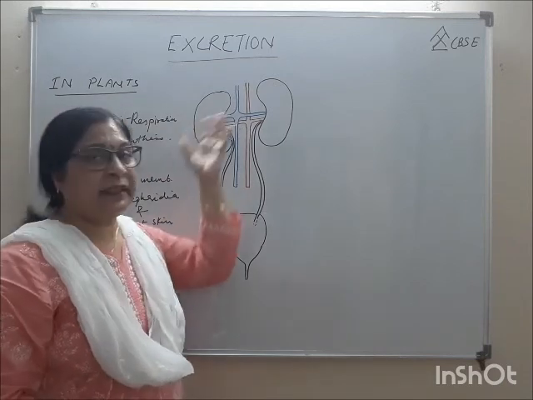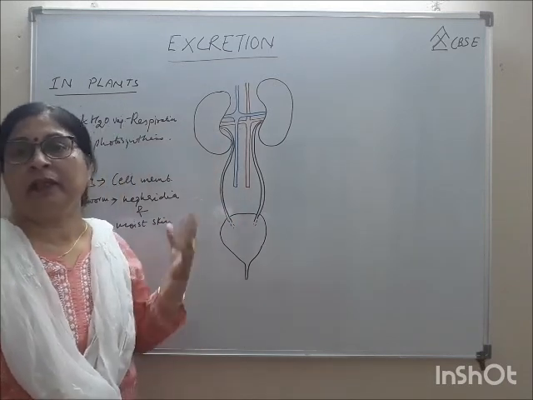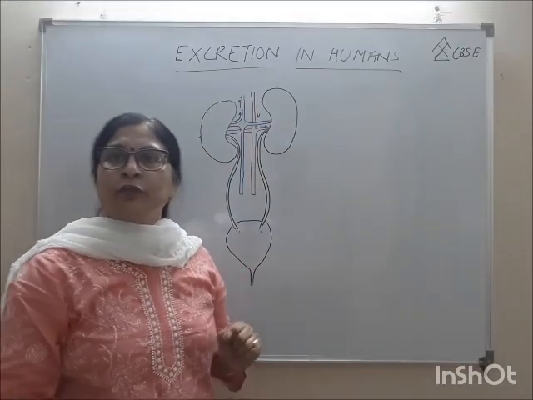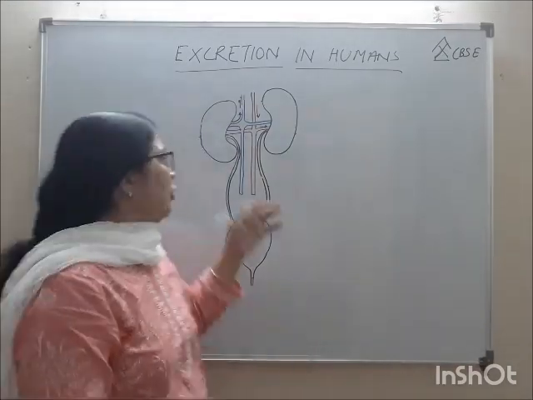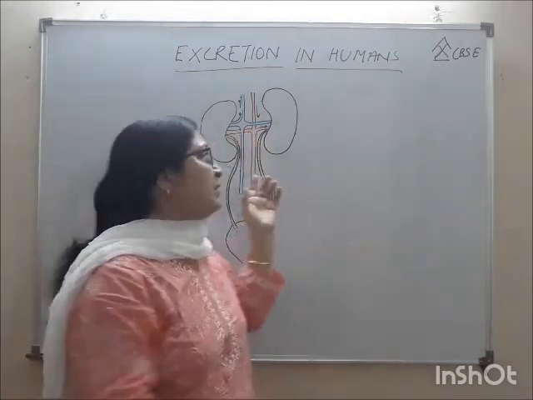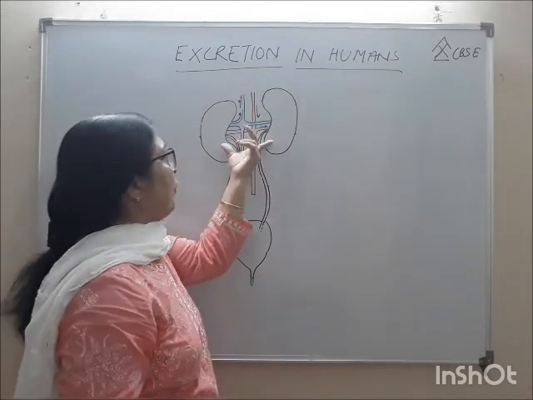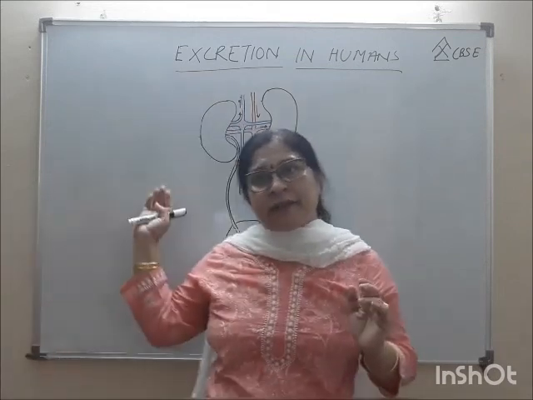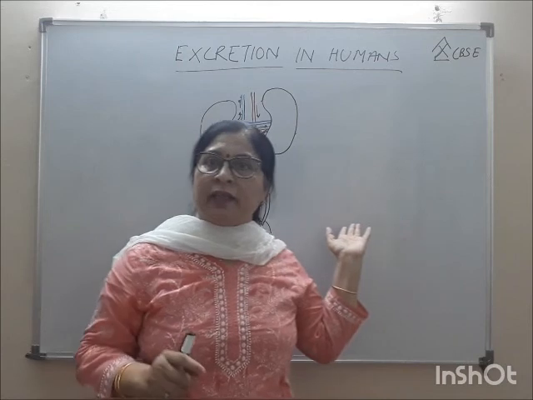Next हम पढ़ेंगे excretion in excretory system in human beings. Now come to human excretory system. In human excretory system, a pair of kidneys is present on each side of abdomen. If you stand like this, this side is right and this one is left.